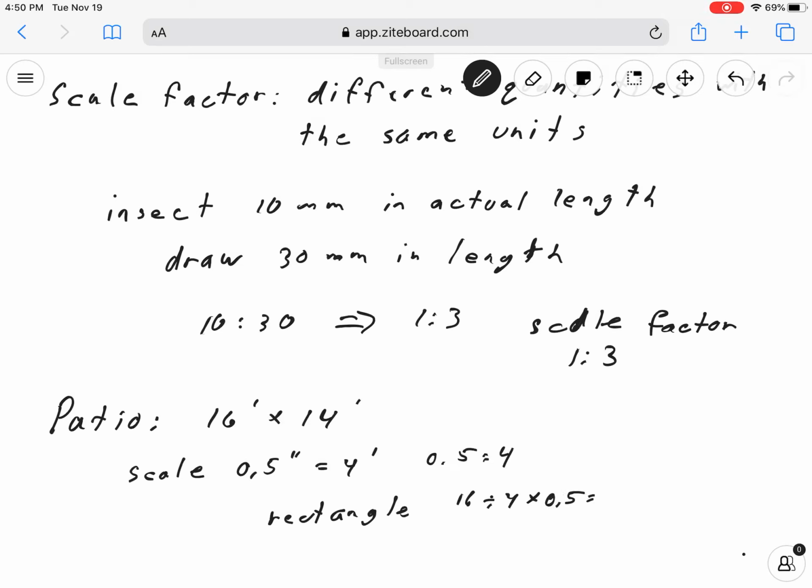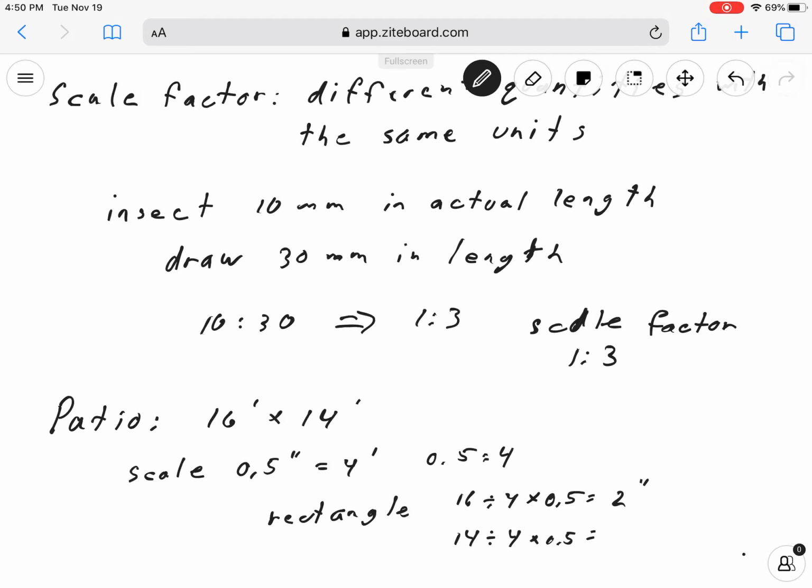So 16 divided by 4 is 4, times 1/2 is 2. And then the 14, I also divide by 4 and multiply by 1/2.